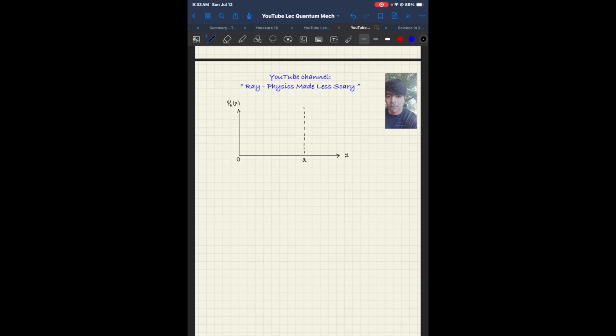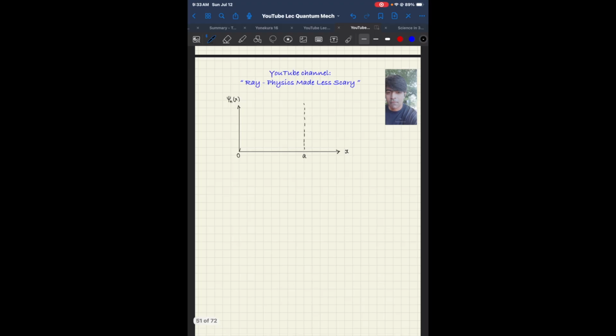So the first one, for n equal to 1, this is simply a sinusoidal function, right? What about the second one, n equal to 2? Well, if you plot, you will see that it's somewhat like this, n equal to 2.